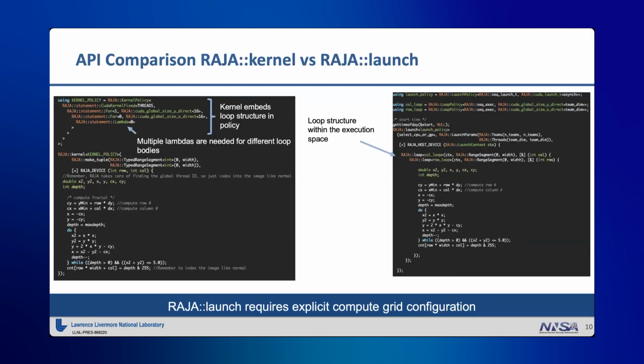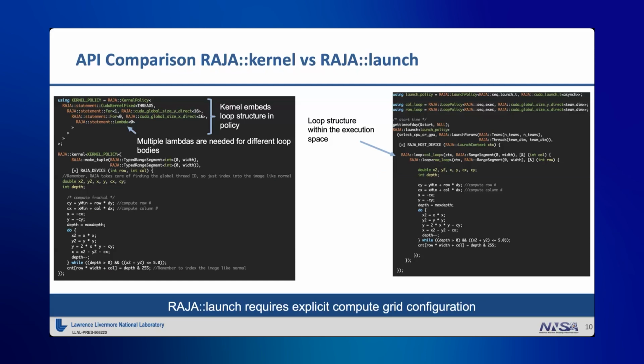Okay, cool. So, a quick comparison between kernel and launch. What's different about these two APIs is that kernel embeds the loop structure within the policy, so everything's templated. And in launch, the loop structure is within the execution space. There are advantages to both of them. If you want to do loop interchange, you can do that easily with kernel without changing your actual code.